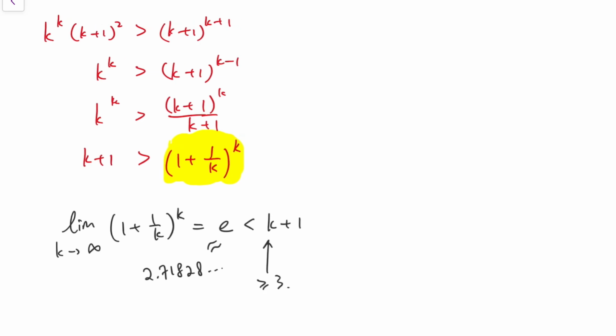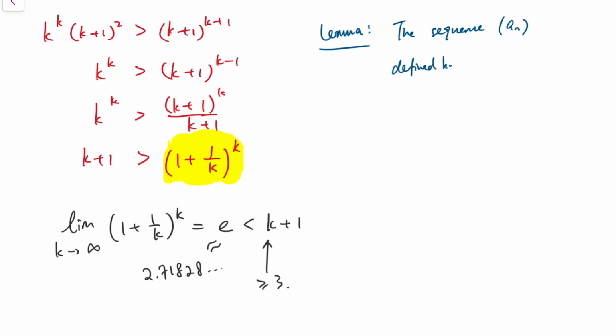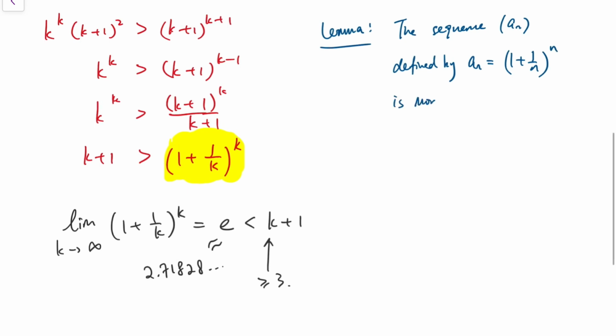So here's the final result that I need to prove before finishing this induction proof, which I'll call a lemma, which is that the sequence 1 plus 1 over n all to the power n is monotonic increasing.